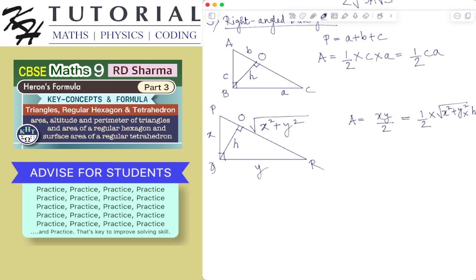So this implies xy by 2 is equal to h into square root of x square plus y square, whole divided by 2. So this implies h is equal to xy divided by square root of x square plus y square.